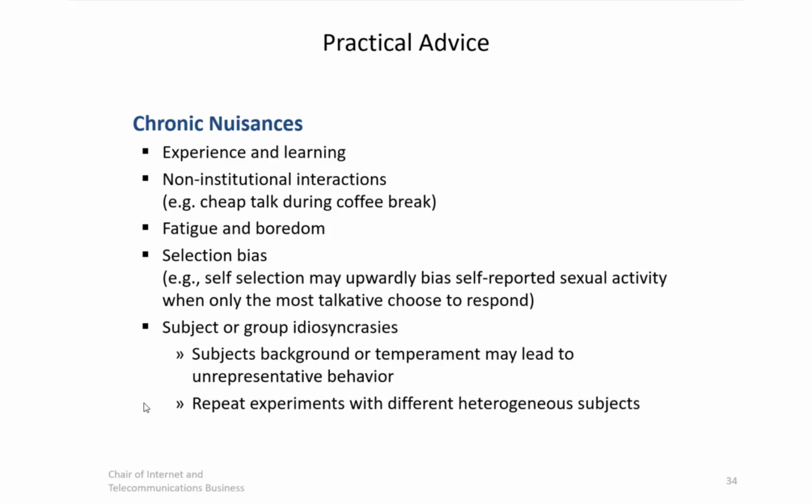And then there is selection bias, where the bias can come because some people prefer to do more talking than others. Finally, there can be subject or group idiosyncrasies. It's basically saying that subject background or temperament may lead to unrepresentative behavior. And so for this, you have to keep repeating experiments with different heterogeneous subjects to cancel out all of these uncontrollable factors. Okay.